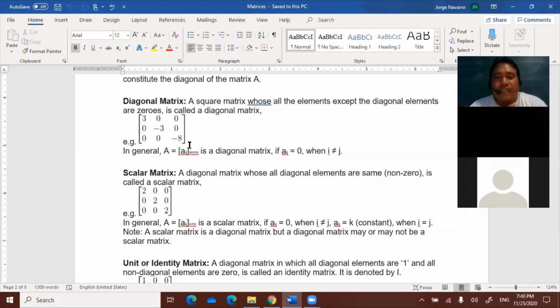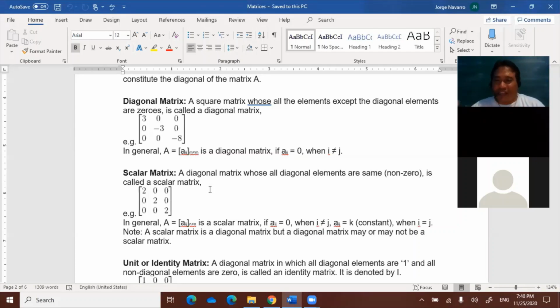Scalar matrix: a diagonal matrix whose diagonal elements are all the same non-zero number, and that is why we call it a scalar matrix. So let's look back. This is compiling, if you notice. First we have a square matrix. Then we have a square matrix where only that line has numbers.